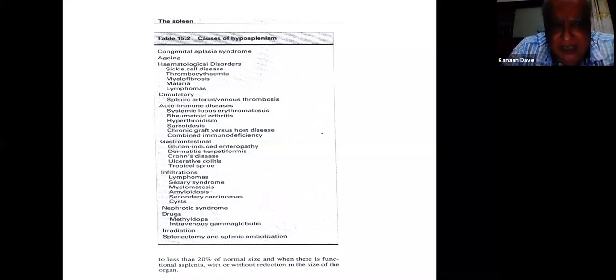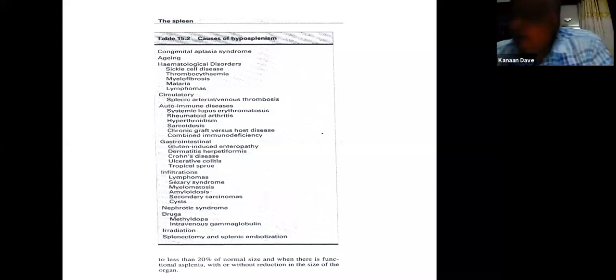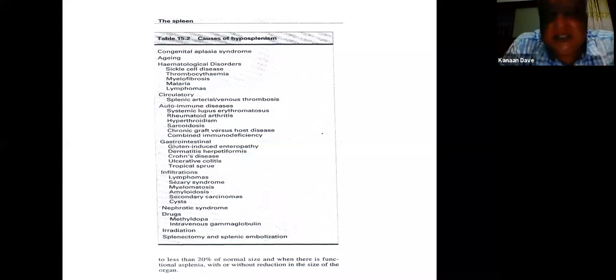Irradiation to the spleen, or when there is splenectomy, which is done for various reasons. There may be spontaneous rupture of the spleen that we see in infectious mononucleosis. The spleen just ruptures, sudden enlargement of the spleen, and the capsule just gives way and the spleen ruptures.